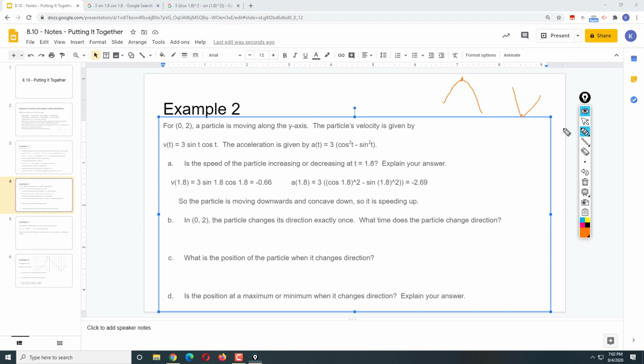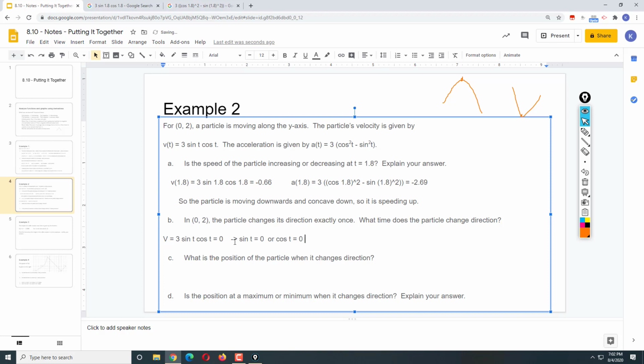That means the first derivative is 0. The velocity is 0. So the velocity is 3 sine t cosine t, which is equal to 0. So we want to solve the equation 3 sine t cosine t equals 0. Well, that means that either sine t is equal to 0 or cosine t is equal to 0.